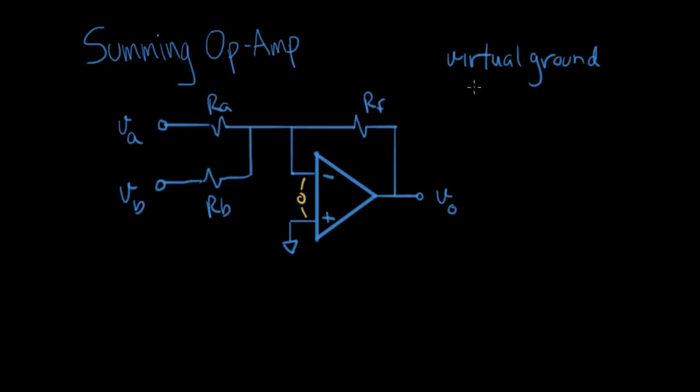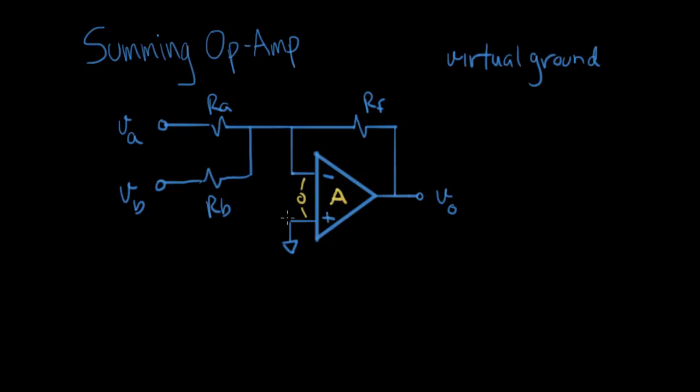The virtual ground, as a review: if the voltage coming out of this op-amp is in a reasonable range, sort of plus or minus 10 volts or something like that, and because the gain of this op-amp is so enormous, on the order of 100,000 or a million, that means that when this is working properly, these two voltages will be really close together. They'll be only microvolts apart at most.